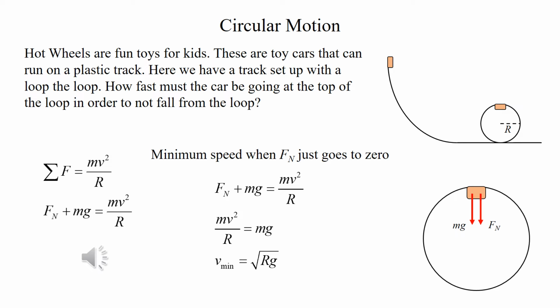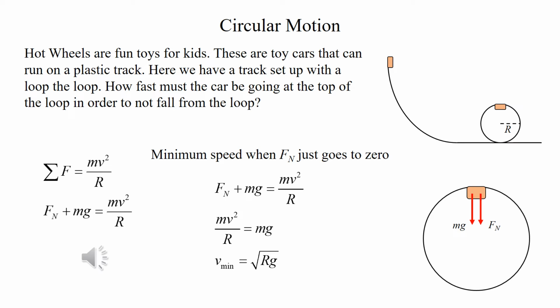With the figure at the bottom here, I've made the loop bigger so we can see the free body diagram for the car. When the car is at the top of the loop, we have its weight down, mg, and we have the normal force of the track pushing it into the circle, also pushing down.